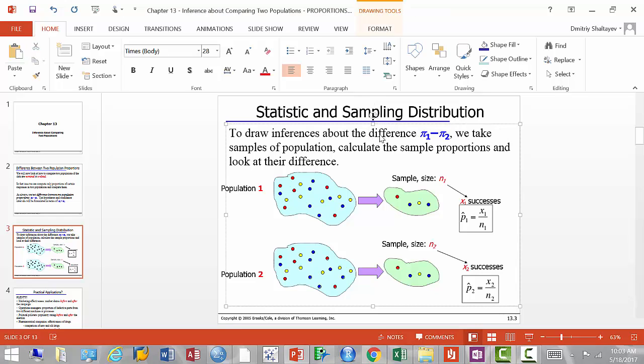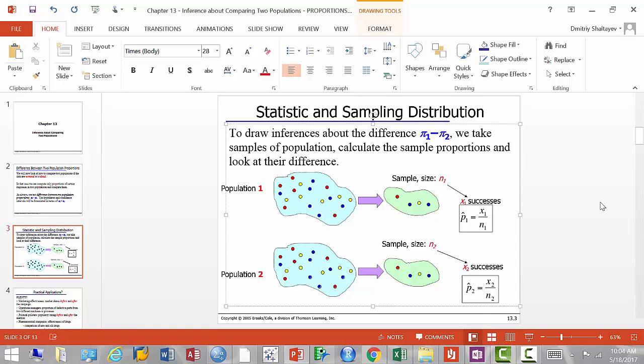All right. The idea is just like before. As much as we like to know the actual population proportion, unfortunately, it requires access to the full population data, which oftentimes we cannot get. So therefore, we're going to base our judgment on samples. So from population 1, we get a sample. From population 2, we get a sample. They don't have to be the same size, they can be different. In fact, in the example that we're about to take a look at, that's precisely what happens, different sample sizes, okay?